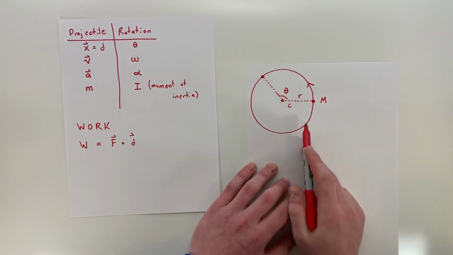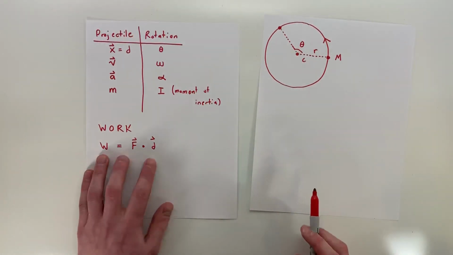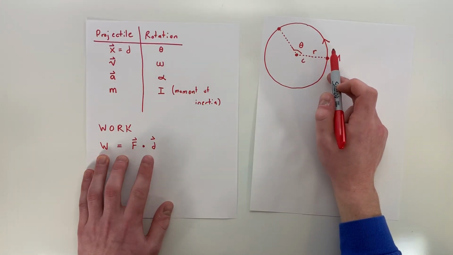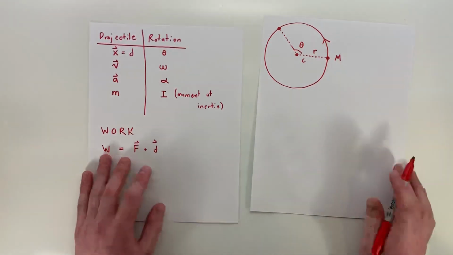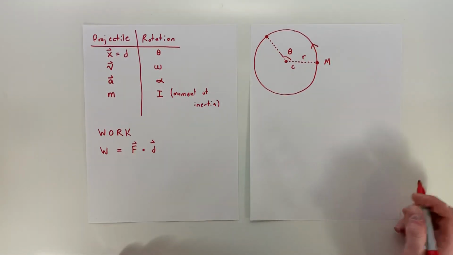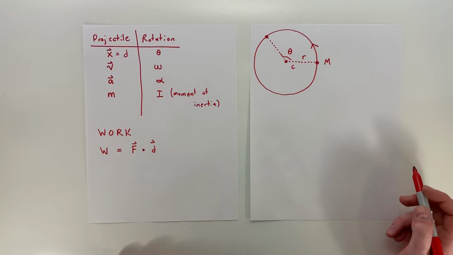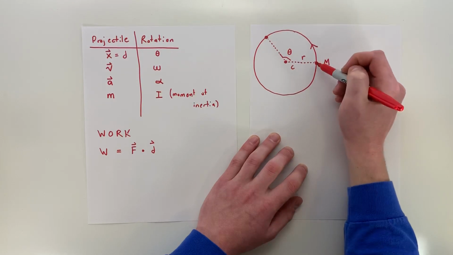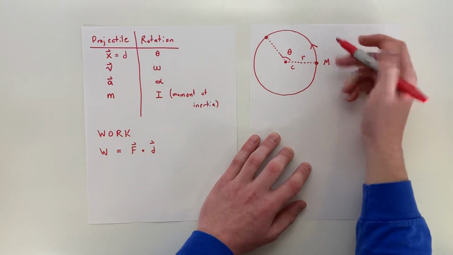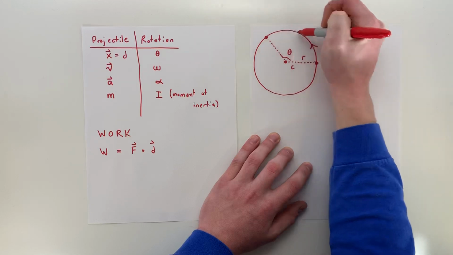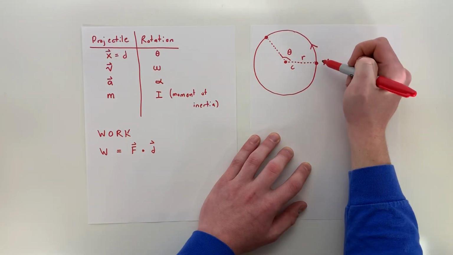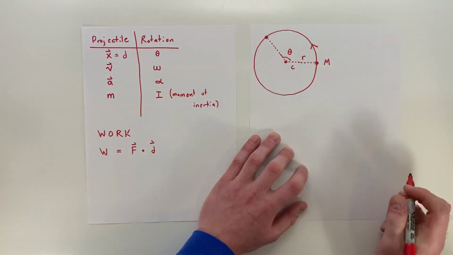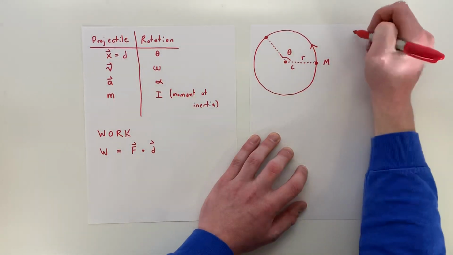If we want to find the work using this formula, we take the force that was applied and multiply it by the distance traveled. What is the distance traveled in this scenario? Would it be the straight line between these points? No, that's not the case. We are following the path of the circle, so we need to find the arc length between the initial and final positions.